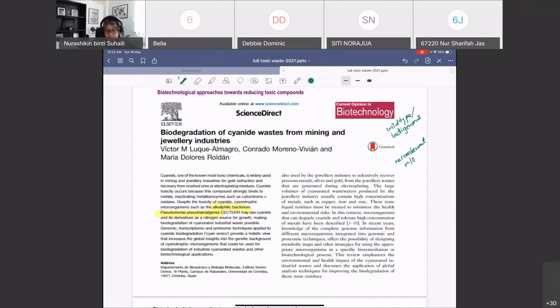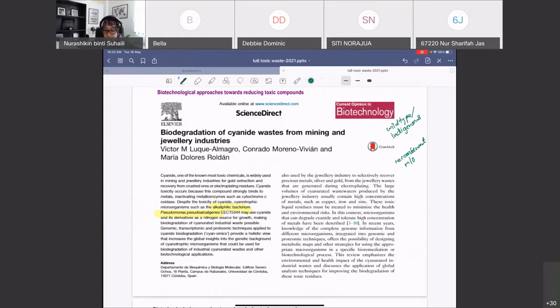Perhaps the researchers found out that a certain type of wild type microbe can degrade, for example, cyanide. But the problem with the wild type normally is that their performance might be low in certain conditions. So how to improve that performance? That's where genetic engineering or recombinant DNA technology comes in, but it's based on the understanding about the wild type mechanism.